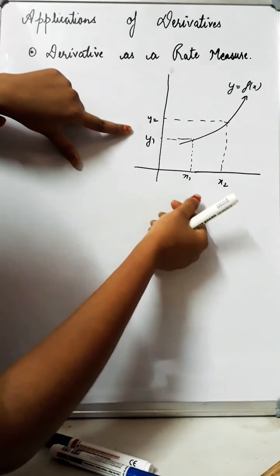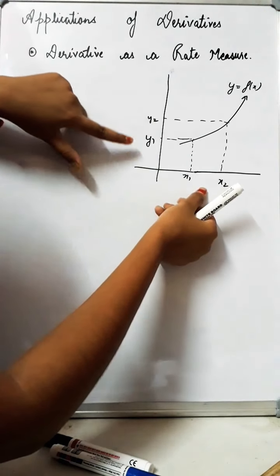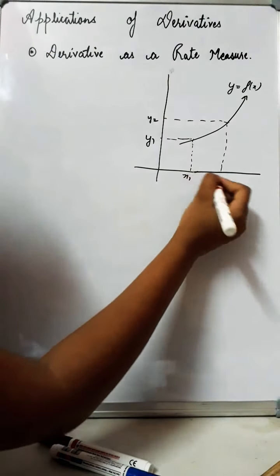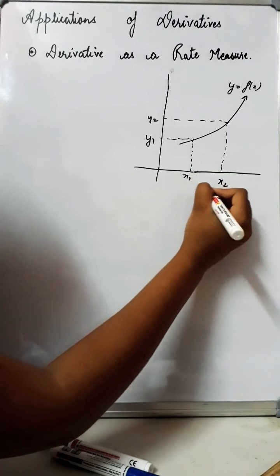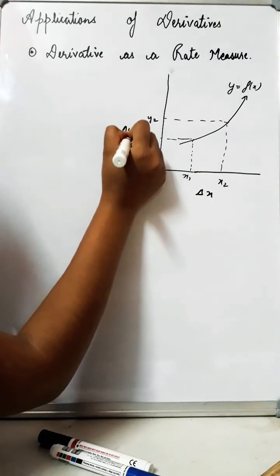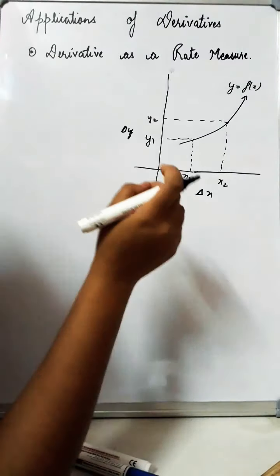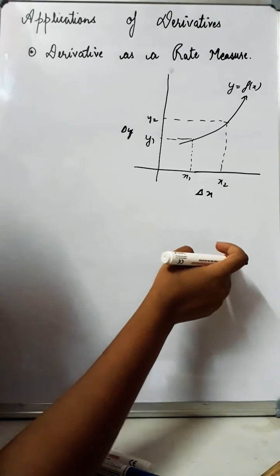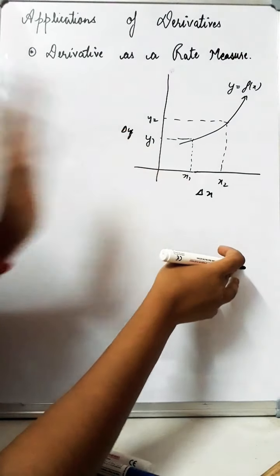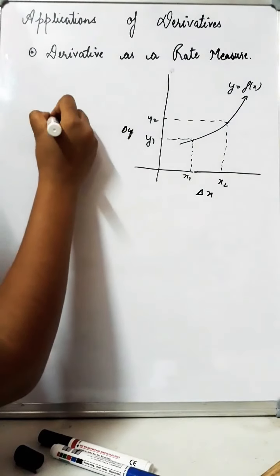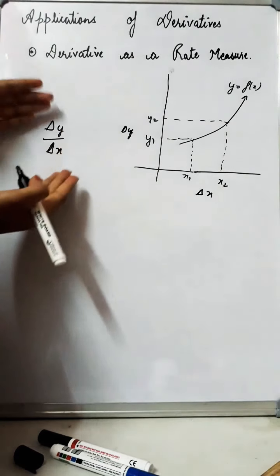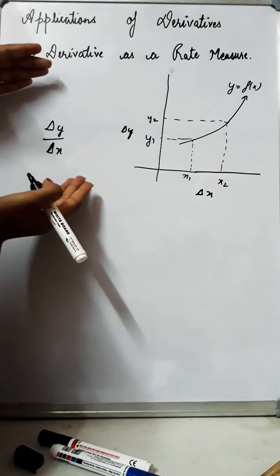If we put the difference between these two as del x and this is del y, now the proportion in which y is changing with respect to x is del y by del x. This is the proportion of the change that we are going to measure.